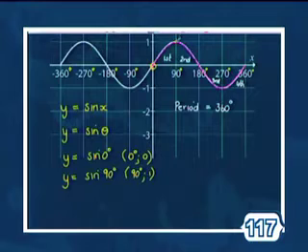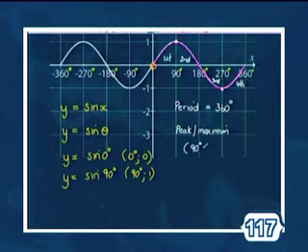Notice, too, that it peaks and it troughs. Now, you can see that the one peak, or the maximum value, happens at a value of 90 degrees together with 1. And then can you see that it peaks over here as well?